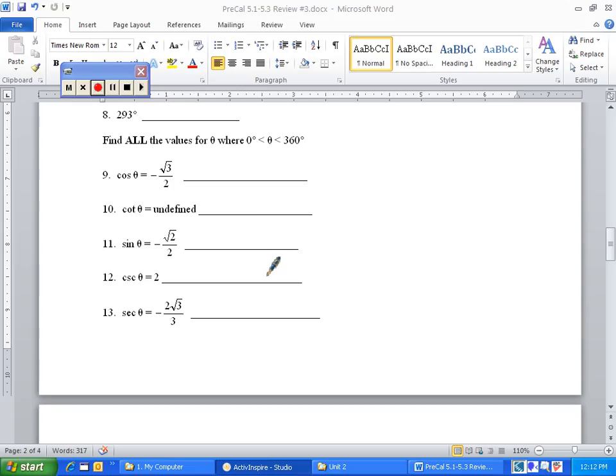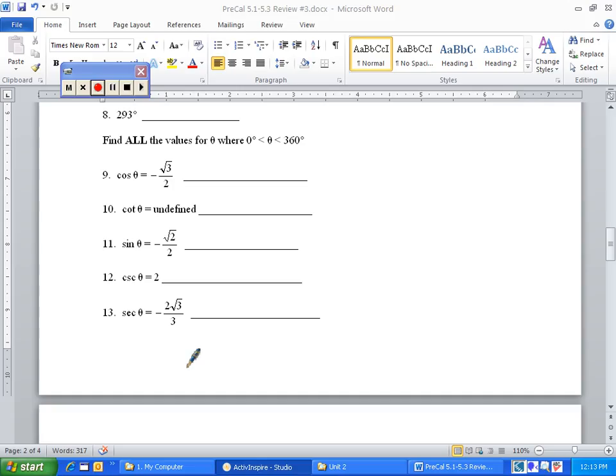Okay, the last one talks about secant. So secant's related to cosine. So cosine is positive in 2 places, the first and the fourth quadrant. So if secant is negative 2 square root of 3 over 3, that means that cosine is negative square root of 3 over 2.